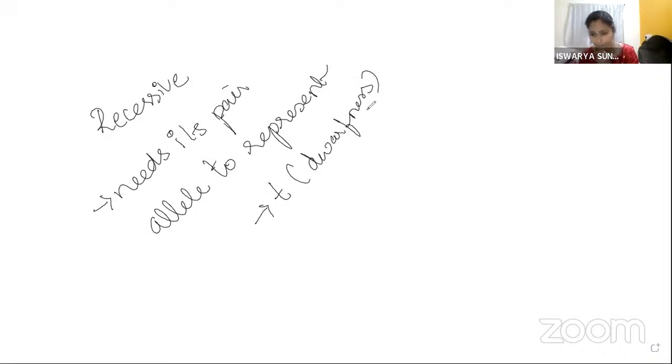So this is one example of an experiment Mendel did. Mendel did a lot of experiments and he contributed a lot to genetics. That's why he is called the father of genetics. So who is the father of genetics? Mendel.